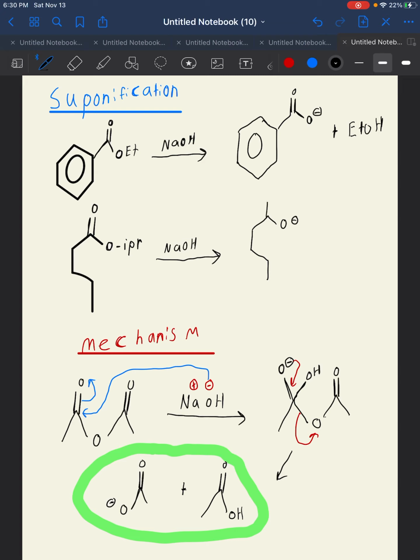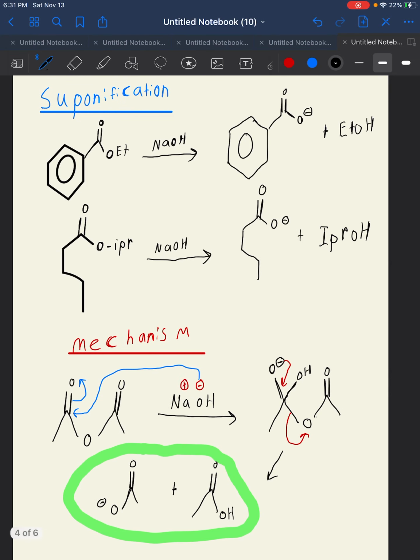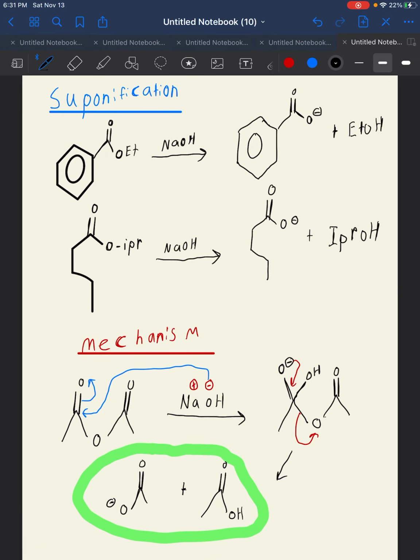Negative charge on the oxygen plus isopropanol. And that's saponification. Anytime you see NaOH, that's what happens. OH acts as a nucleophile because NaOH is an ionic compound. And I showed you the mechanism, so that one's pretty self-explanatory now. Hope you can grasp that.